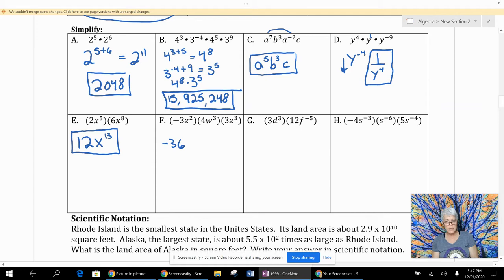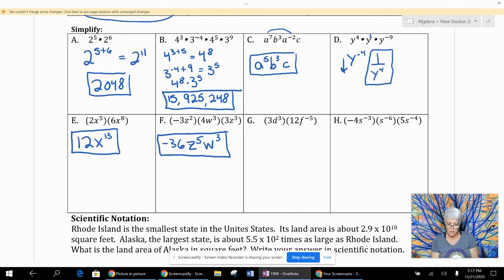If I bring the z's together, I have z to the power of 5, and the w is just by itself, and I'm done. Now, it is okay to have a negative in front of the number. It's the exponents that can't be negative, so keep that in mind. You don't have to get rid of that negative in front of the 36.